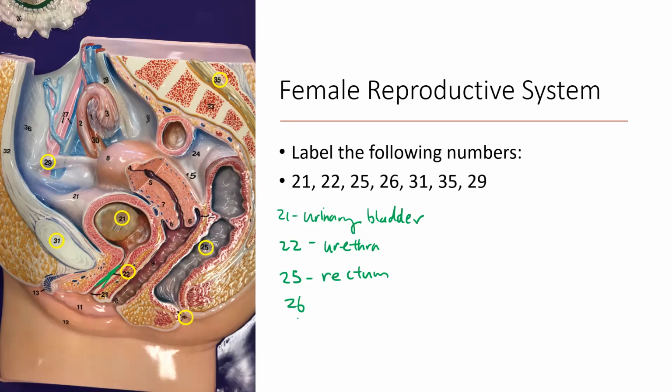I can't find 20. Is that 26? Isn't that the anus? Yeah, okay. I just couldn't find a number. But you're right, that's the anus. That's 26. Thank you. 31. Here we see this again, the pubis symphysis.